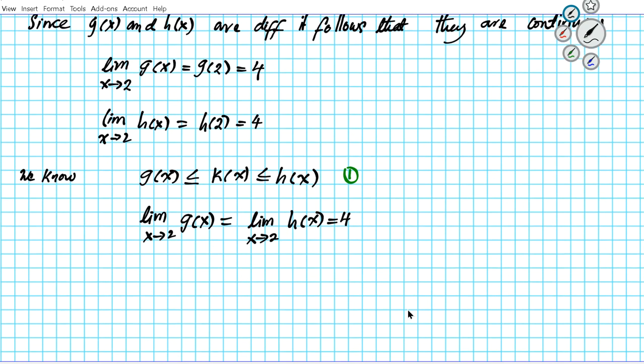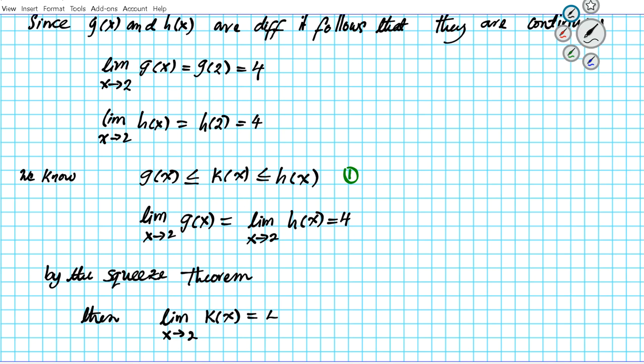Okay? So what is the conclusion that we can make? By the Squeeze theorem, we can make the conclusion that the limit as x approaches 2 of k of x must also be equal to 4.